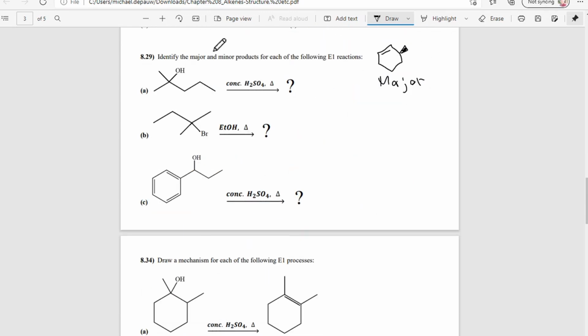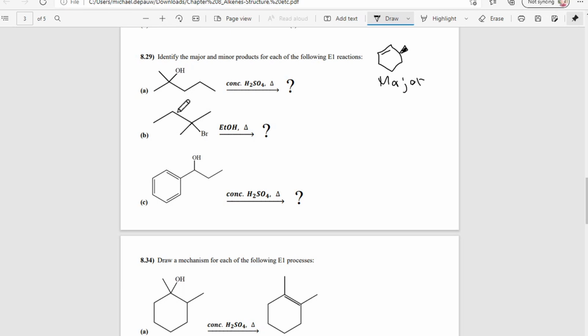All right. Identify the major and minor products of each of the following E1 elimination reactions. Now, one thing to watch for with an E1 elimination reaction is that you can have carbocation rearrangement.